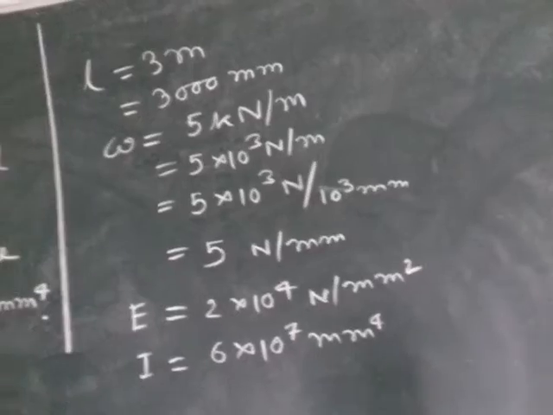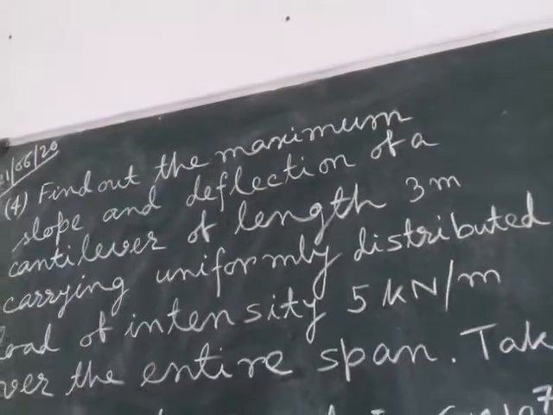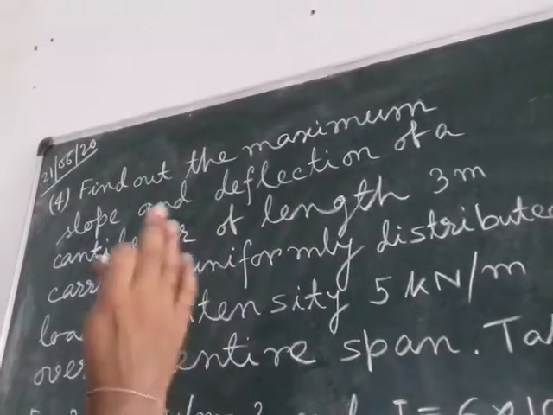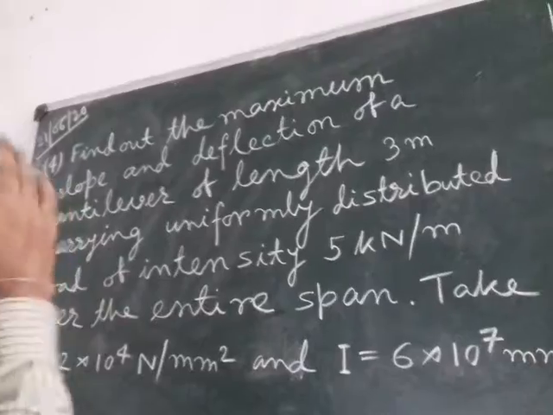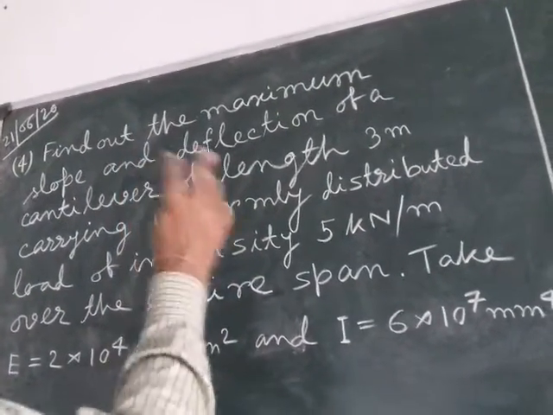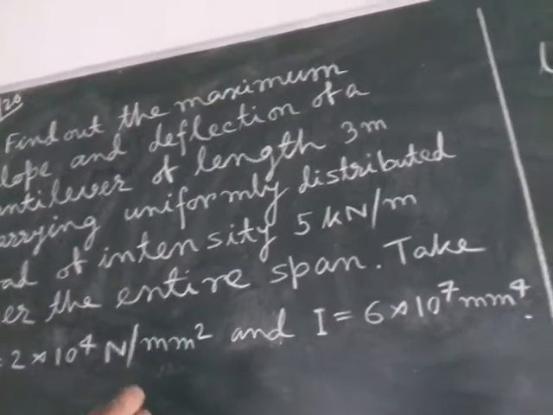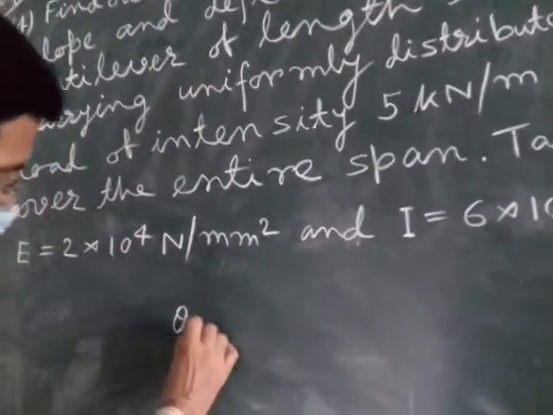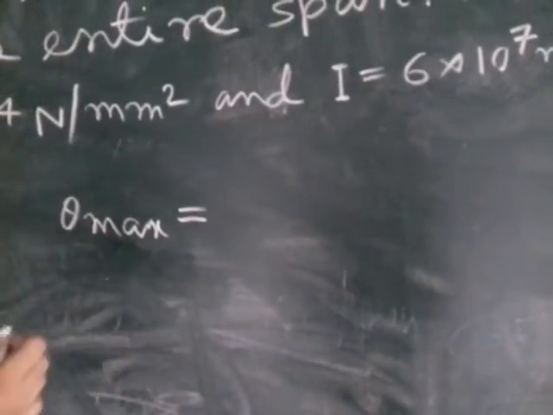We have to find out the maximum slope. We know that for a cantilever beam, the maximum slope occurs at the free end, and the deflection also occurs at the free end. So theta max occurs at the free end.